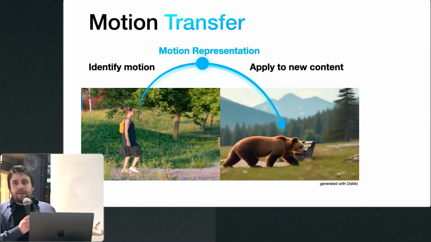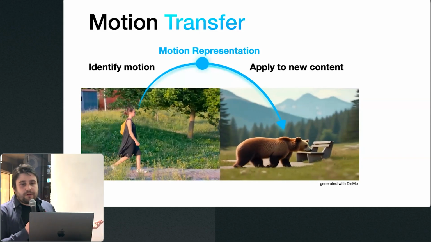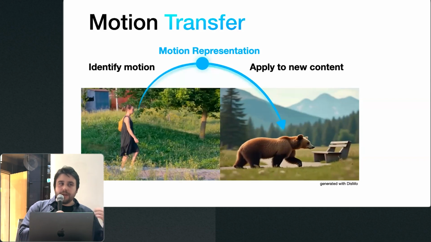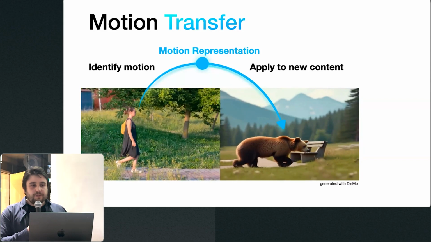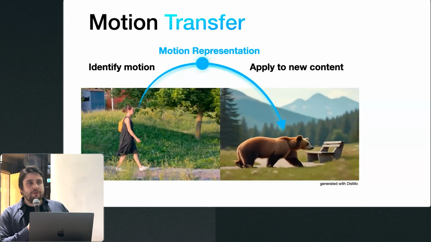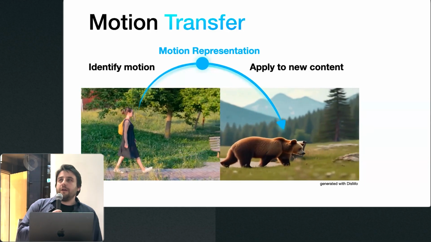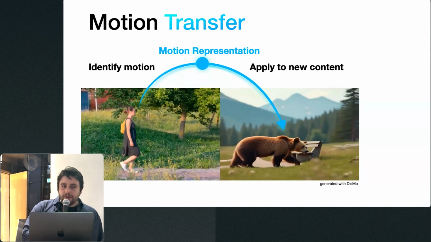This can be either explicit, for example, in the form of some key points, if you think about a motion capture suit in Hollywood studios, or facial landmarks if you are only interested in faces.